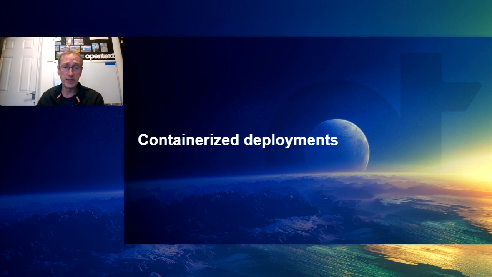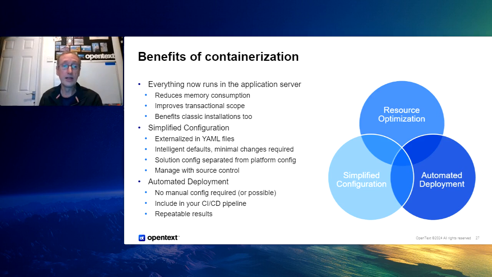So we fully support containerization, have done for a couple of years now. And I just want to touch on it because there's lots of benefits to doing it. So from an AppWorks point of view, aside from the regular benefits of auto scaling that you get if you're running in a hyperscaler or Kubernetes type container environment, with the process automation platform itself, if you've ever run it not in a container, you'll notice that running in containers, everything runs in the application server.